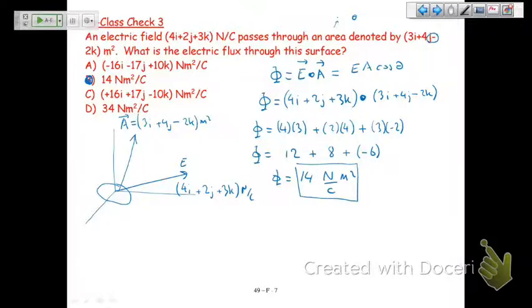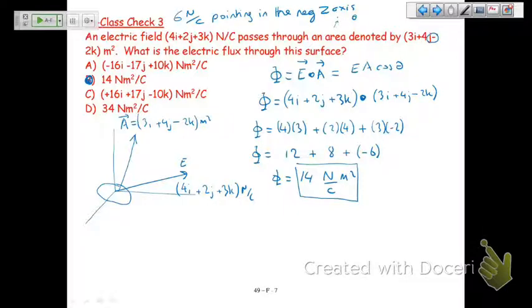So rather than giving the electric field as an ijk, I could say an electric field of 6 newtons per coulomb pointing in the negative z axis. I've got to make it easy to write and visualize.